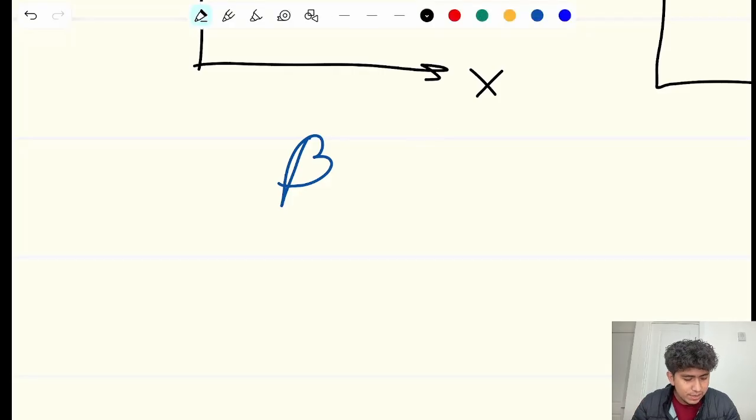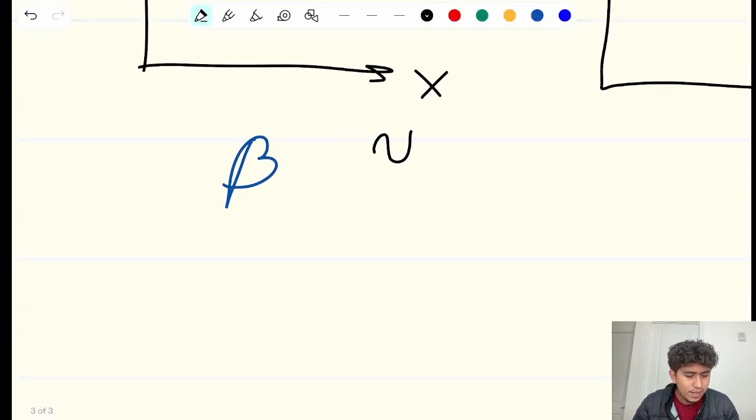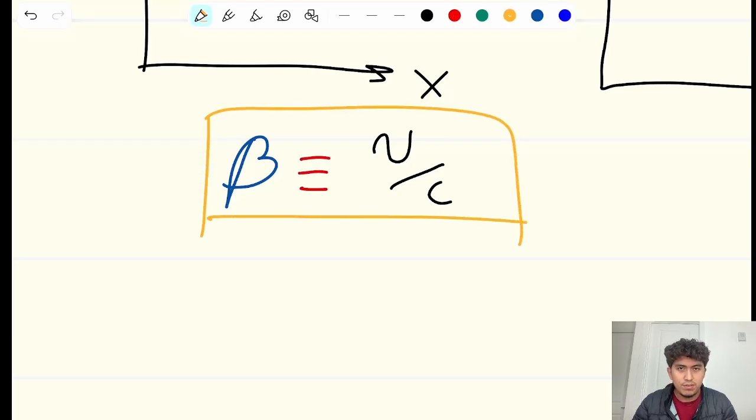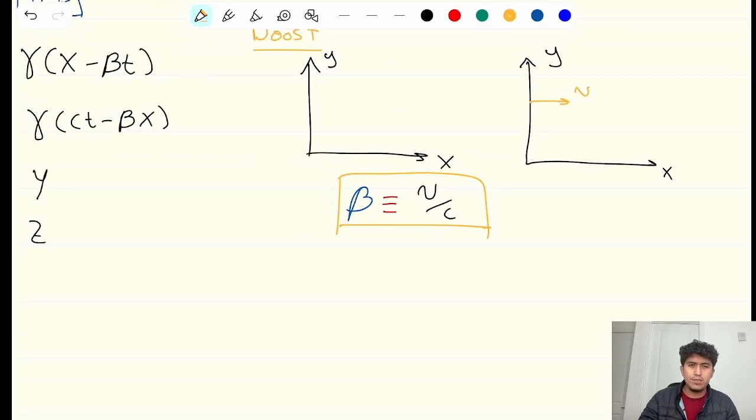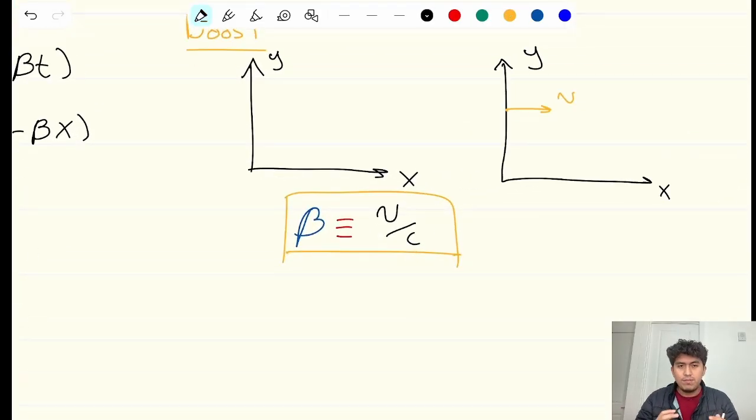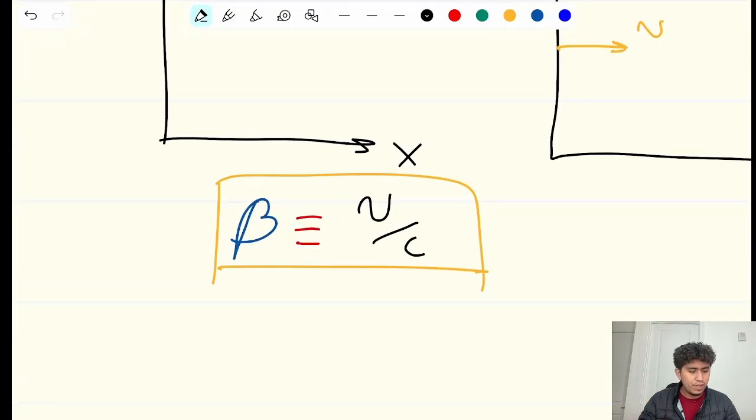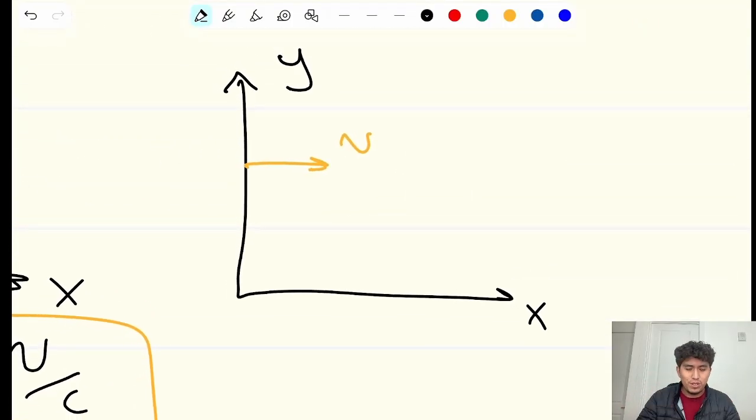It's just defined as the velocity of this frame divided by the speed of light. It just makes it easier to write stuff down. I think we saw it last lecture, but if we didn't, here it is. So imagine this situation: we have one frame, and the other frame is moving with respect to it. This is what we call a boost.